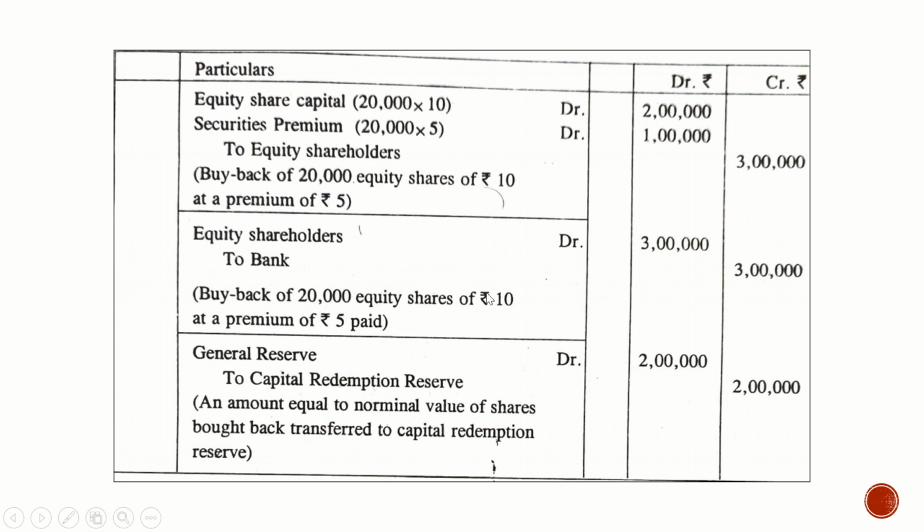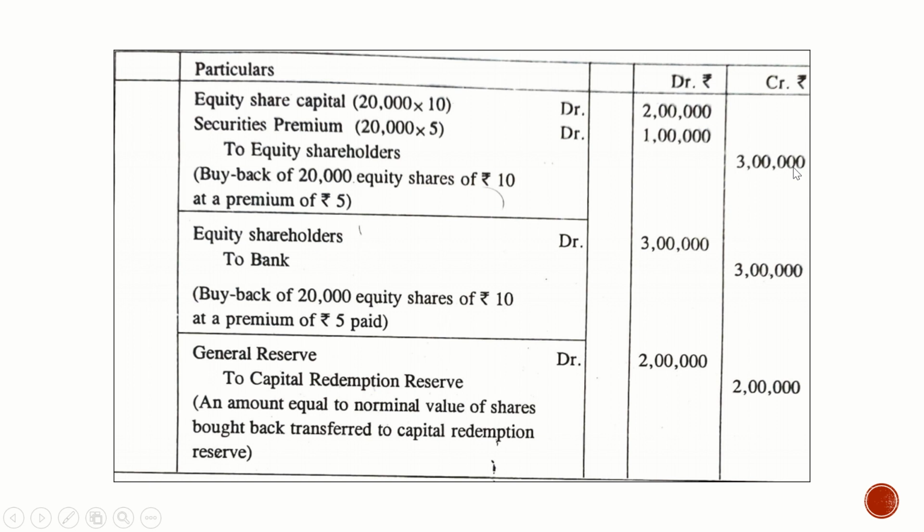So 15 minus 10 is rupees 5. So securities premium is 5 rupees upon these 20,000 shares, so it comes to 1 lakh. To equity shareholders, that is 20,000 into 15, which comes to 3 lakh. So the buyback of 20,000 equity shares of rupees 10 at a premium of rupees 5 is recorded.